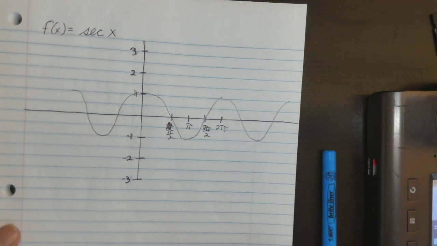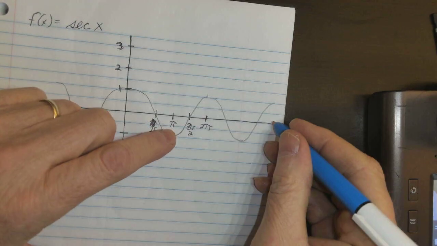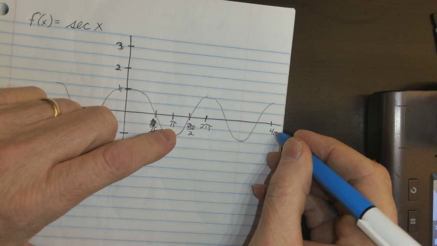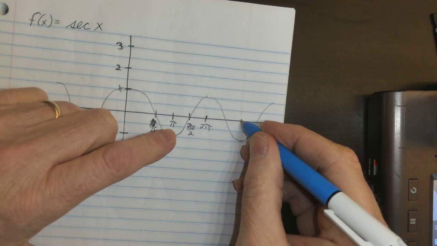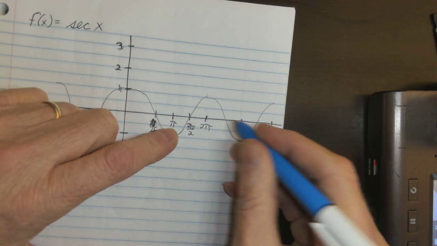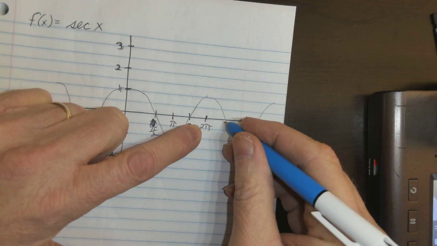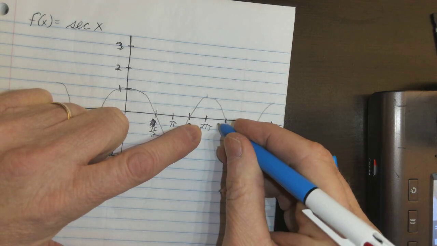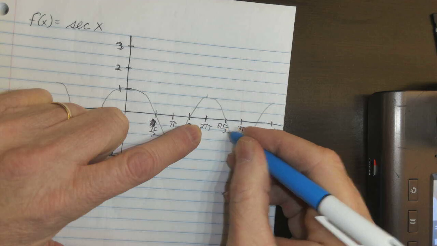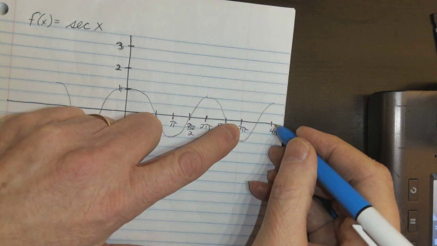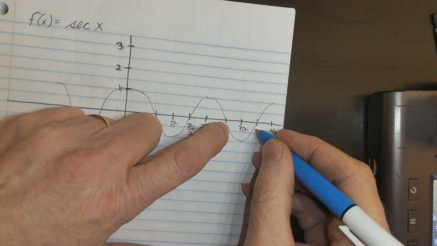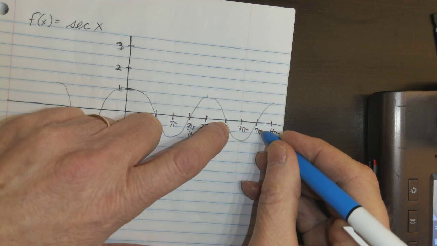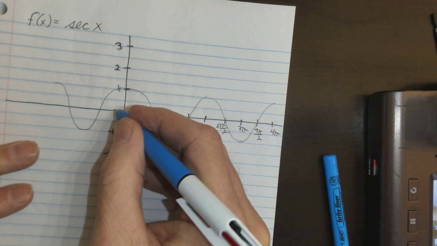I hope you can adjust to this, guys. All right, so let's go 4 pi here. Halfway is 3 pi. Halfway between 2 pi and 3 pi is 2.5 pi, which is 5 pi over 2. 3 and 4, halfway between that is 3.5, which is 7 halves, or 7 pi over 2.